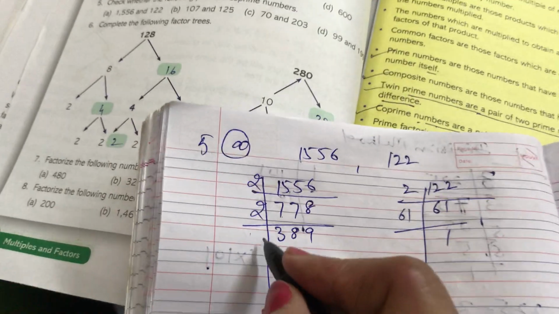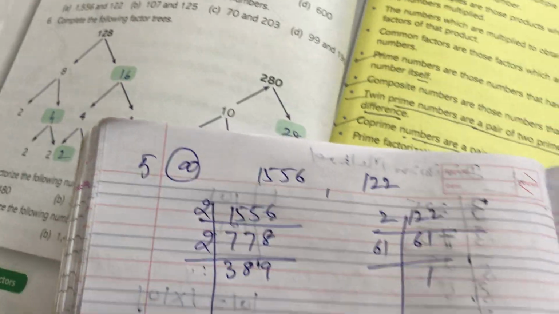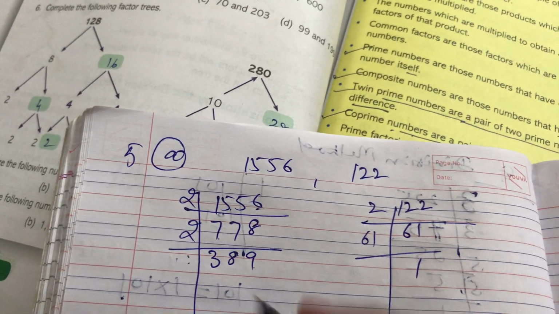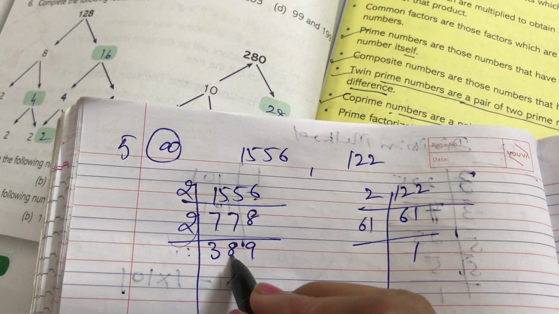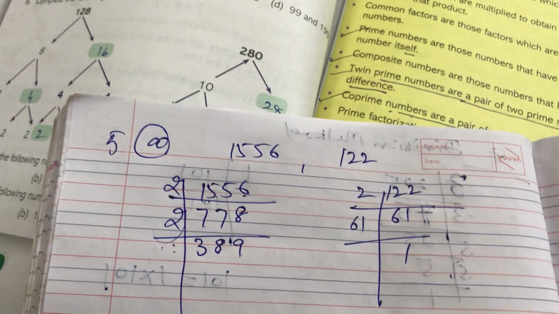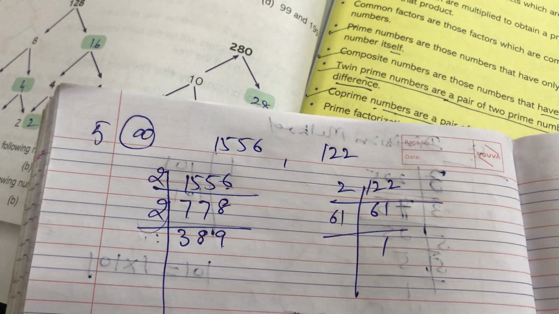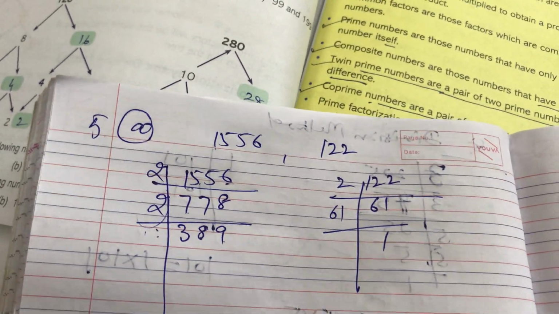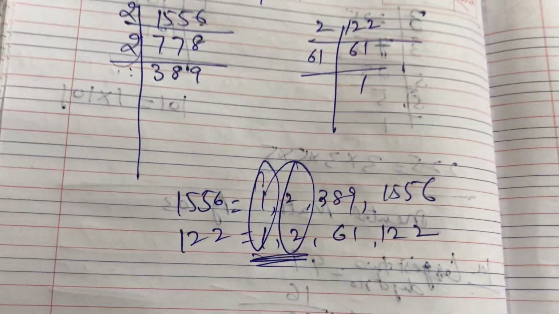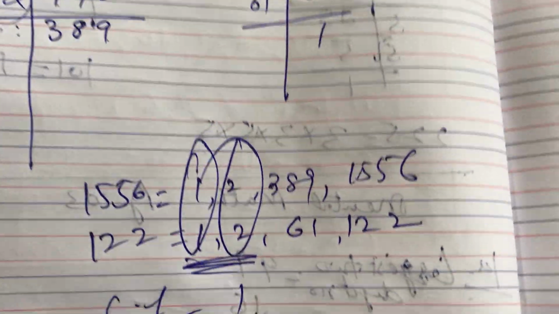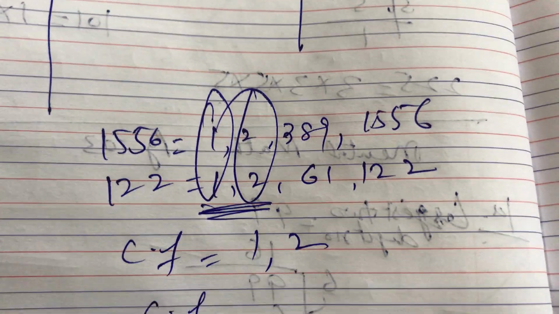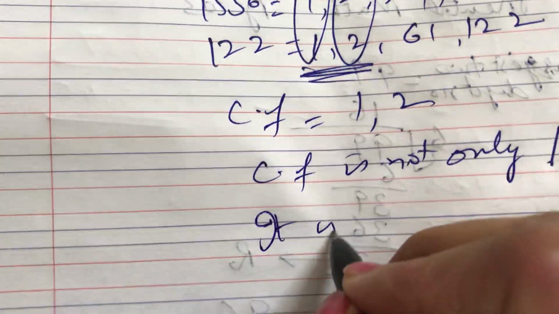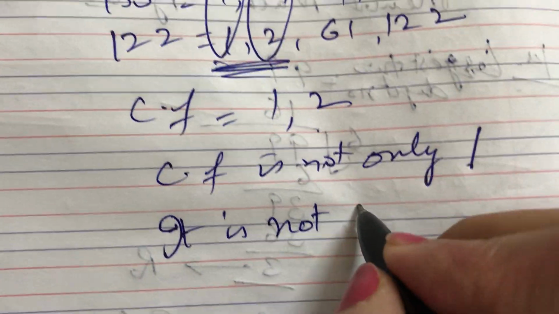The factors of 156 are more: 1, 2, and so on. The common factor is not only 1. The common factors are more than one, not only 1. So it is not a co-prime pair of numbers.